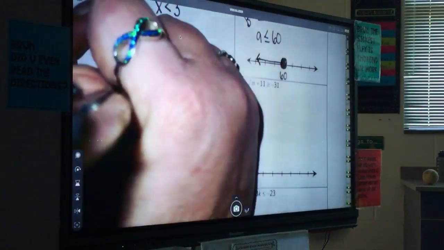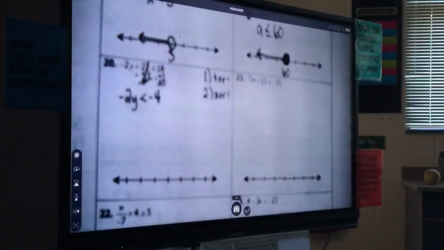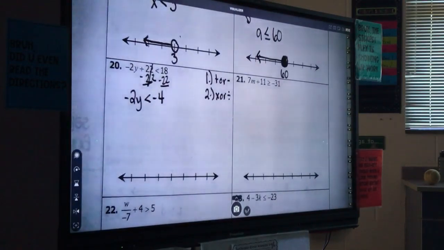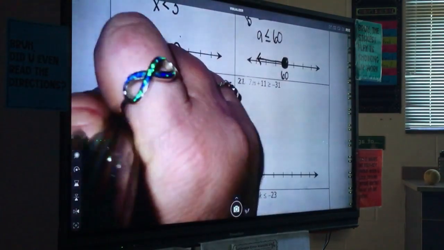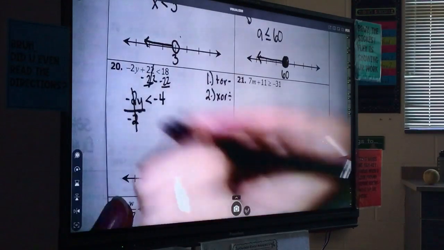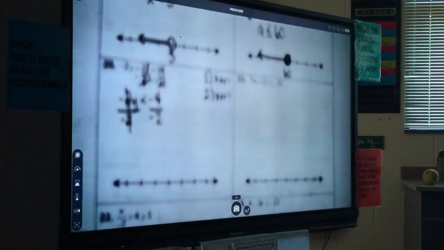So that gives me negative 2y is less than negative 4. Now I've gotten rid of my adding or subtracting. What do I do next? Soraya? You have to divide by negative 2, which means I'm dividing both sides by a negative. What do I have to remember to do with my inequality symbol?